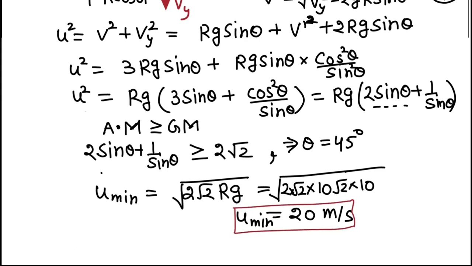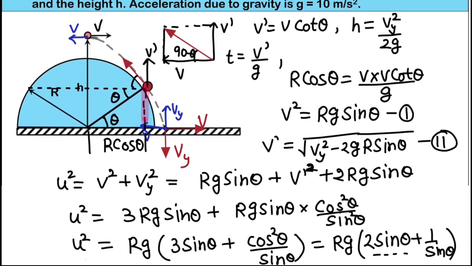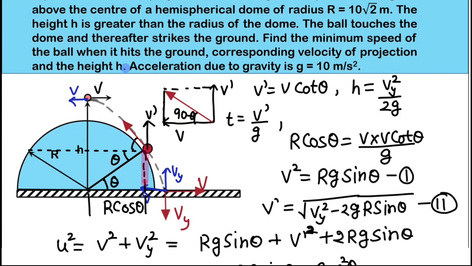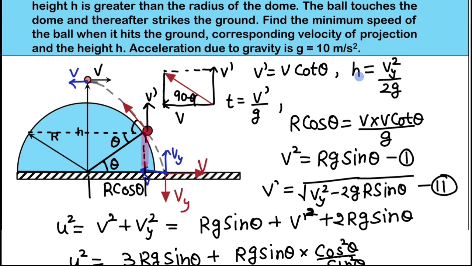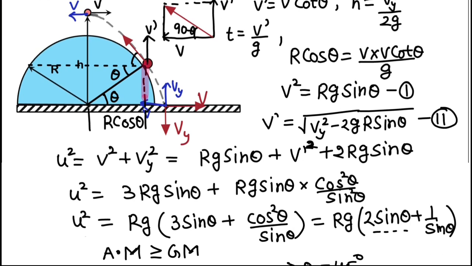But that is one of the answers. You also have to determine the second answer, that is the value of h at this particular instant, right? So you can just use any of the inequality, right? You can determine the value of Vy from here.